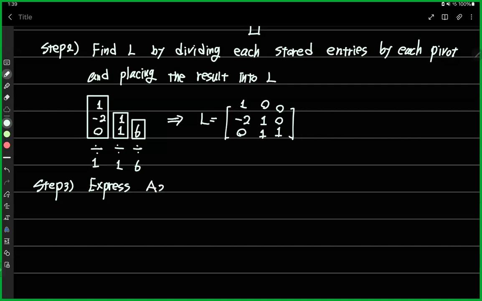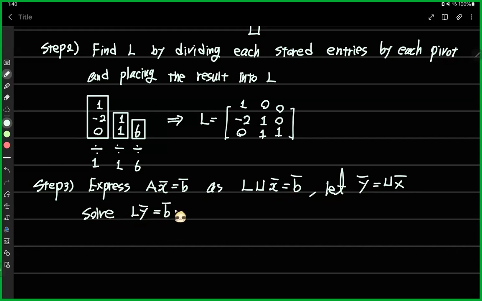Express AX bar equals B bar as LU times X bar equals B bar. And let Y bar equal UX bar, or UX bar equals Y bar, it doesn't matter. So we solve LY bar equals B bar.